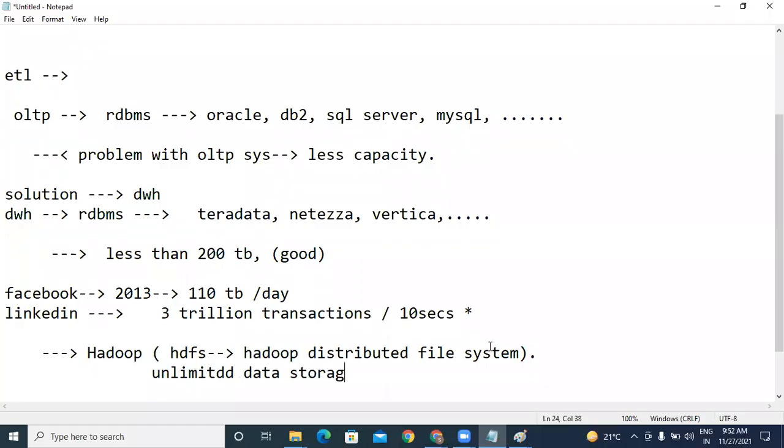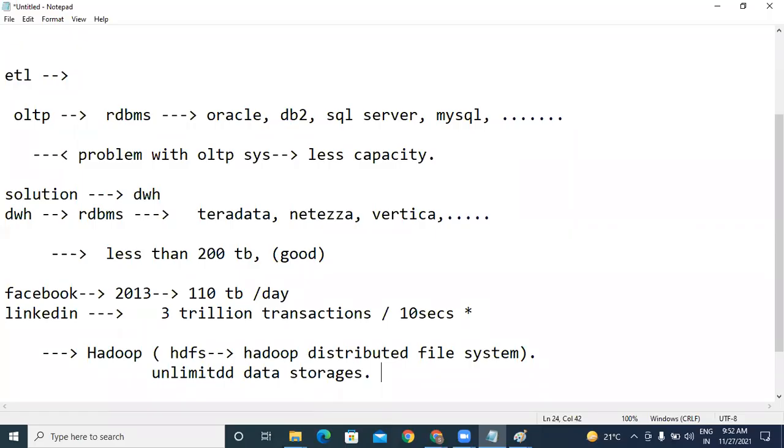How unlimited data storage is possible, we will see in later discussions. By taking inspiration from HDFS, that means Hadoop Distributed File System, data lakes came into the picture in the cloud. The same data lake in Azure is available as Azure Data Lake. Azure Data Lake is offering you one thing, unlimited data storage.